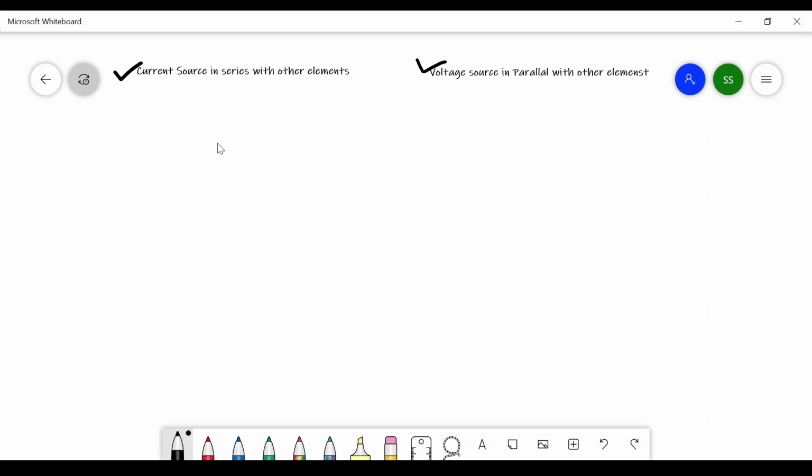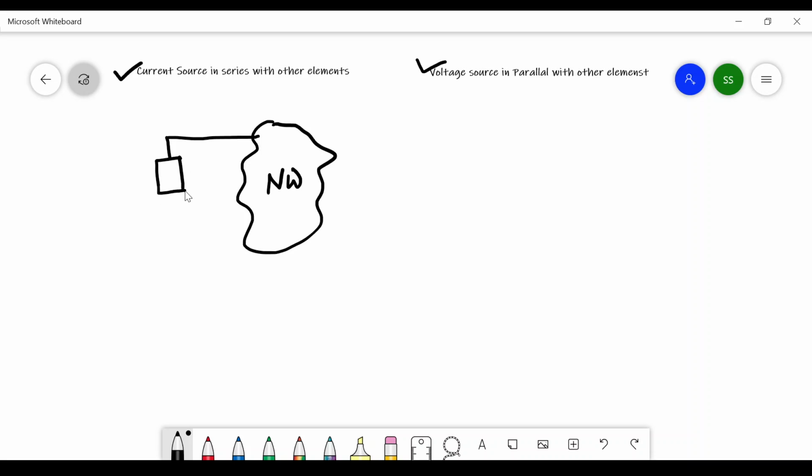So let's say this is one particular network, and along with this network there is one element. It may be the resistance, it may be the capacitance, it may be the inductor, and along with that particular element we are connecting a current source in series.